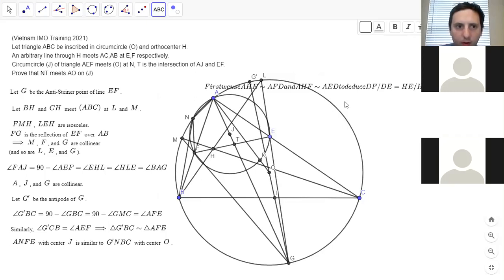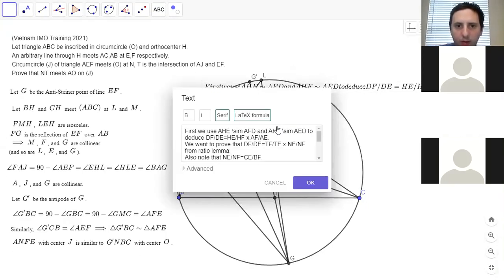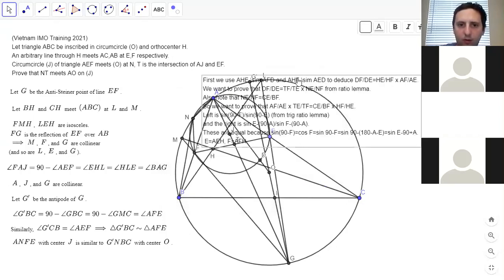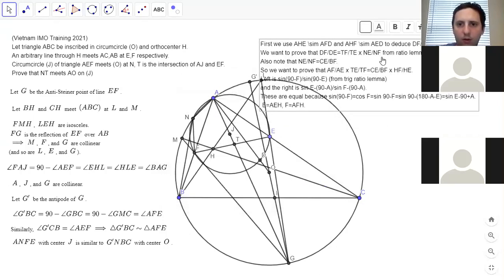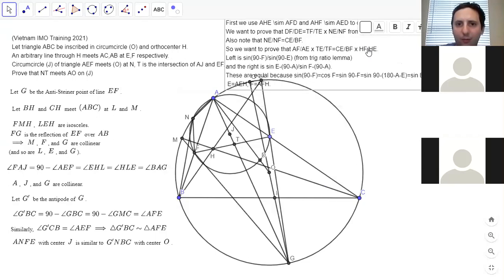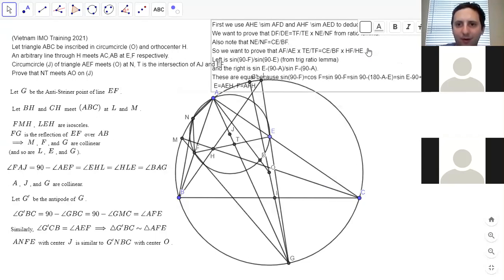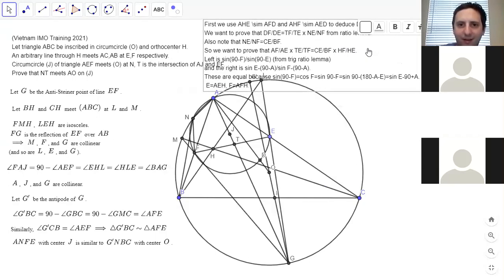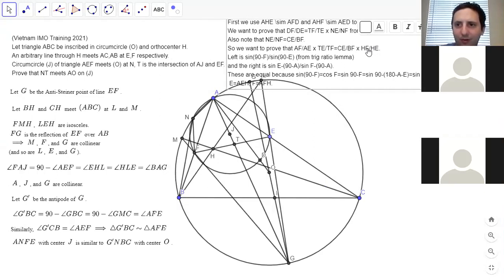Okay. What happened here? Oh, I don't want to do either of these. Look at that, the whole proof fits right up here. Just move this down a little bit.